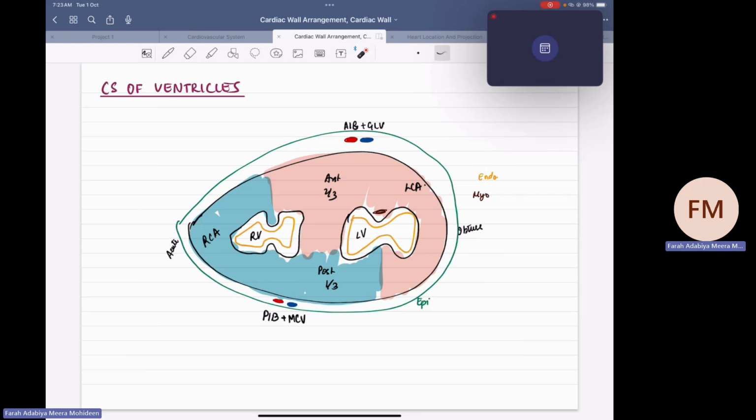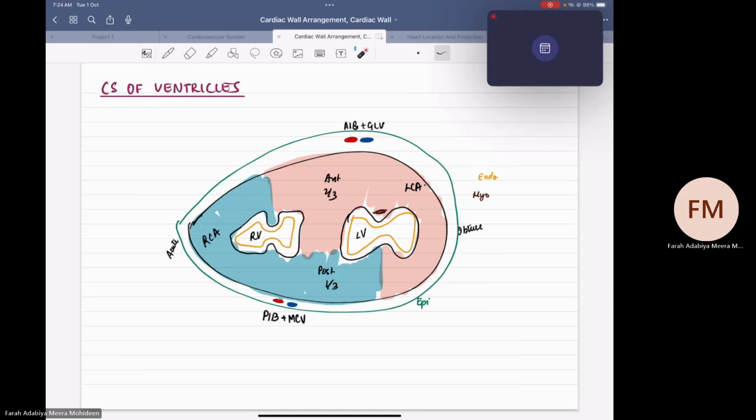What you talk about here is the supply to the muscles. You have your posterior one third supplied by the right coronary artery, and your anterior two-thirds of the myocardium, not the heart itself, but the myocardium, supplied by your left coronary artery.